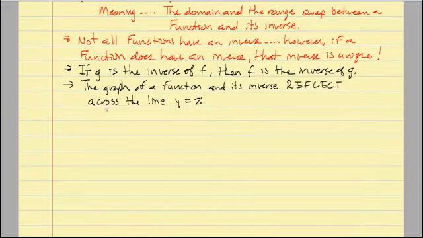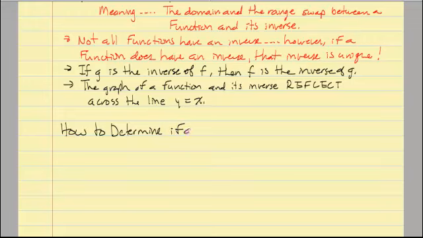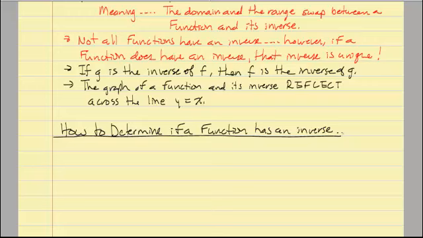Next, how do we determine if a function has an inverse? Now, not all functions have inverses. And of course, we know how to check to see if it's a function.